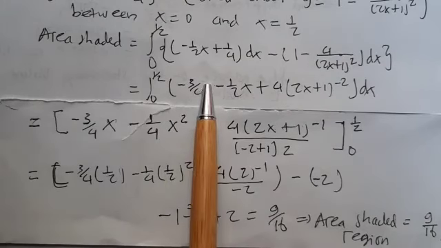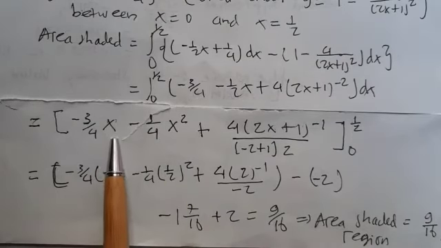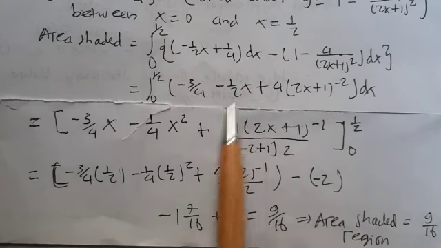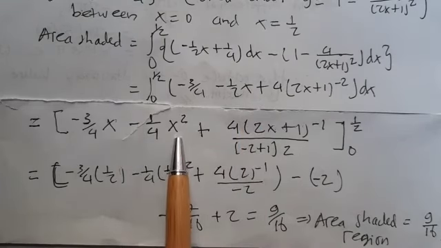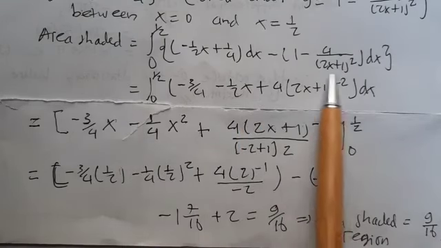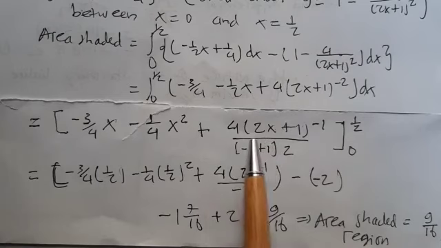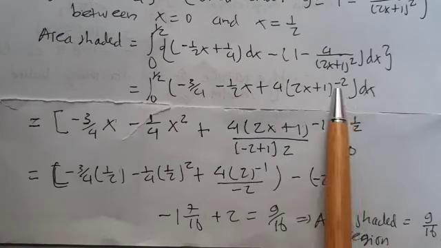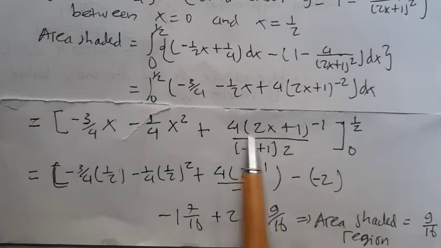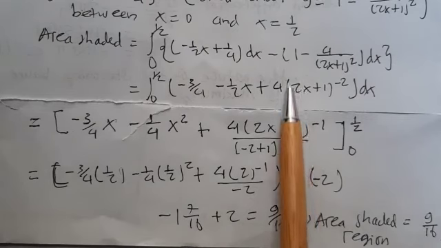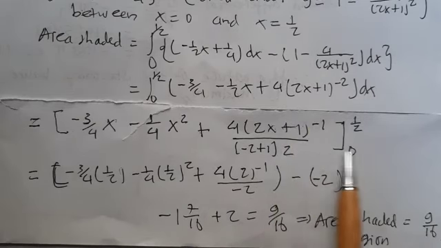Integration gives minus 3 over 4 x, minus 1 over 4 x squared, and for this part, 4 times (2x+1)^(-2+1) per (-2+1) times the coefficient of x in the brackets, 2, from 0 until half.